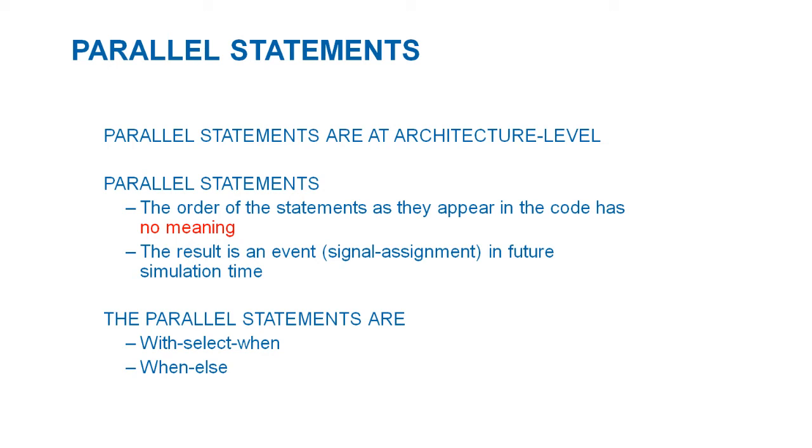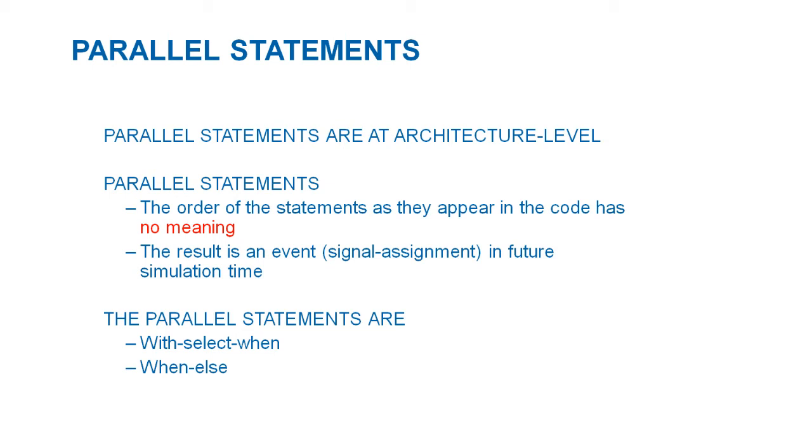Making decisions at architecture level or in parallel statements is similar to making similar statements in processes and in the sequential approach, except that the order in which the statements appear does not really have any meaning, because we should be able to statically determine, before we jump into this parallel statement, what value should be executed.